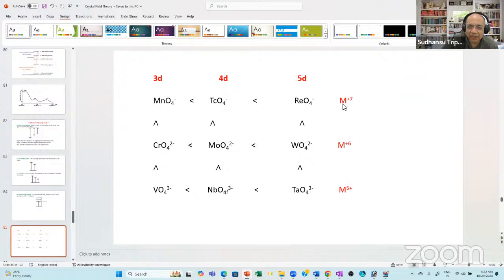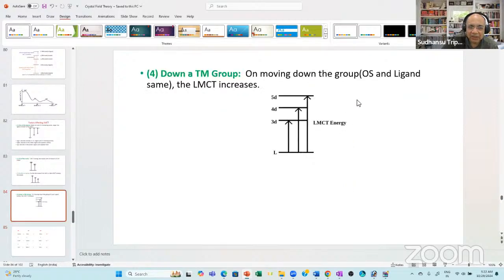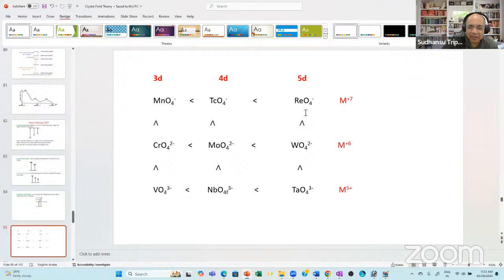These are all +7, but the energy is maximum in the perrhenate ion, all are d0. If at all you expect some color, then permanganate. You may not expect any color in perrhenate because the energy is more, the entire absorption will fall in the UV region.